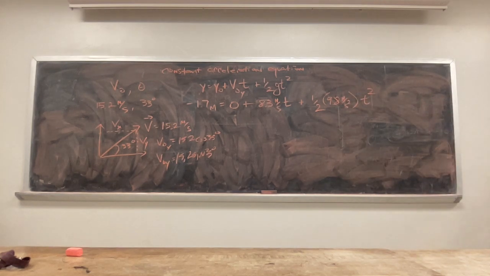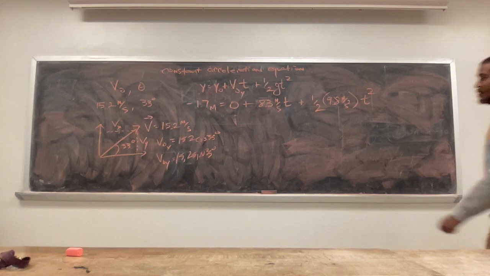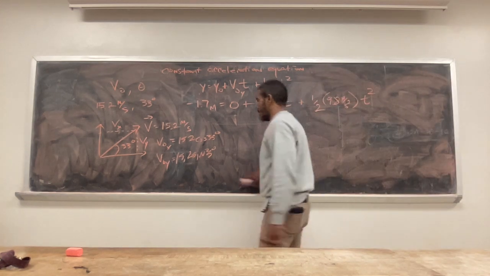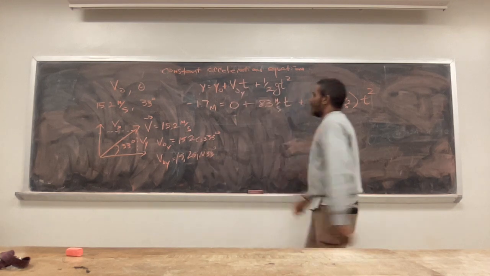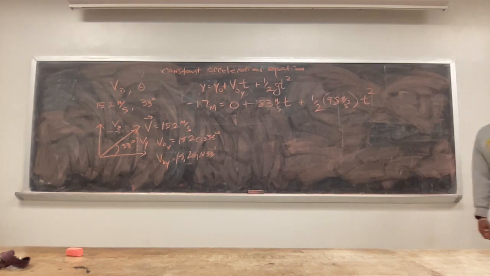So now what do I do from here? Is it 15.2 cosine 33 or 35? Oh, it's 33, I just wrote it badly. Oh, I didn't get 8.3. Did I miss it? No, I didn't.